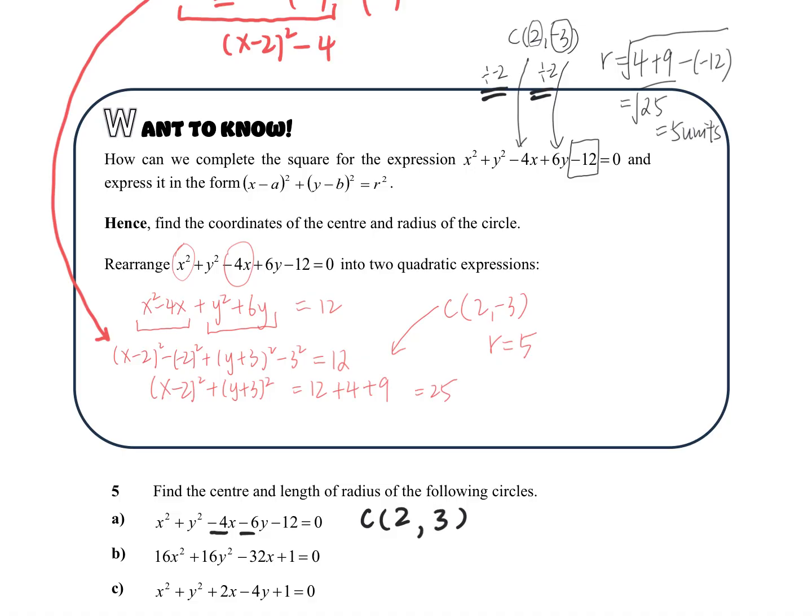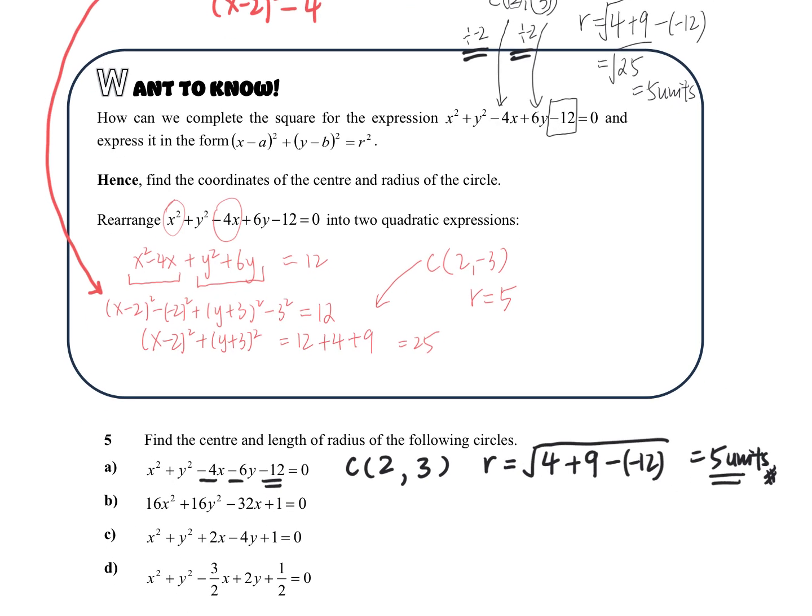Okay, what is the radius? How will you calculate? 4 plus 9, right? Okay, then minus what? It's the same thing. Minus -12. Okay, so you also get 5 here. So remember you can get it directly from general form as well.